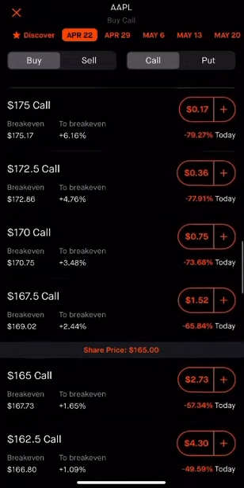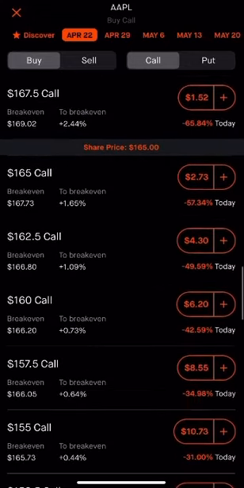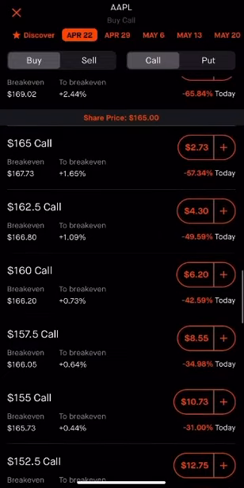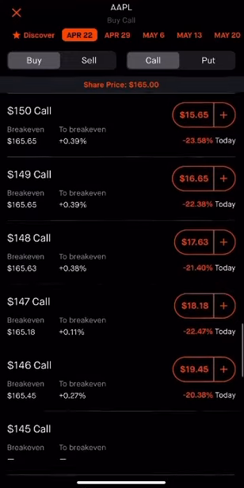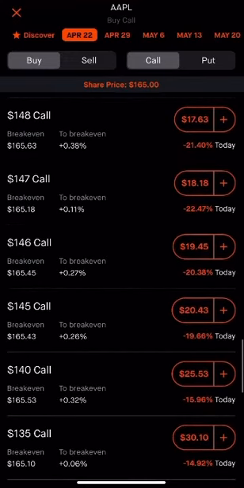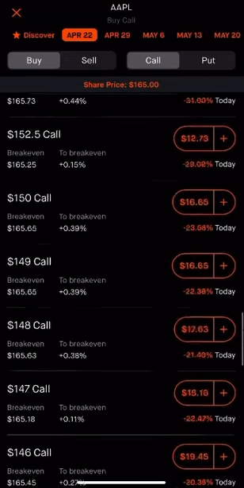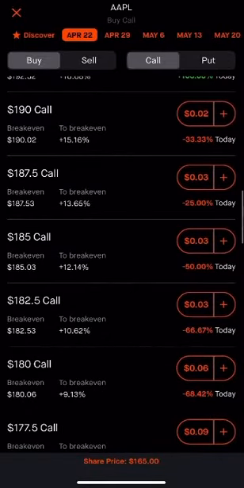And again, your premium always goes up the more in the money you are in whatever contract you're doing. So if you're doing calls, your premium will go astronomically high the more in the money you go. And again, this is just a disclaimer.